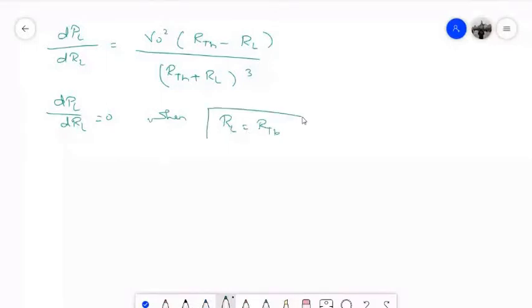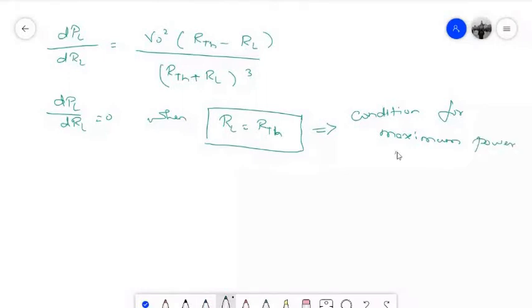So this is the condition for maximum power transfer.